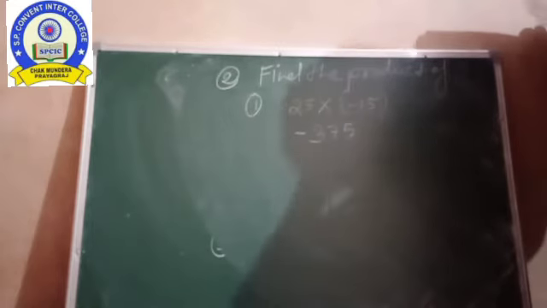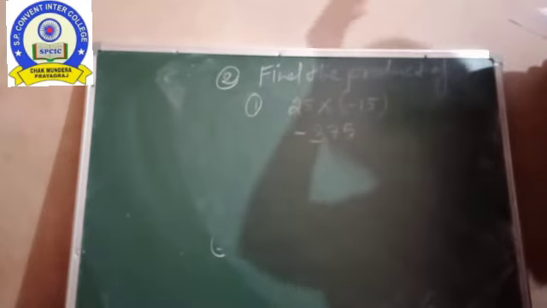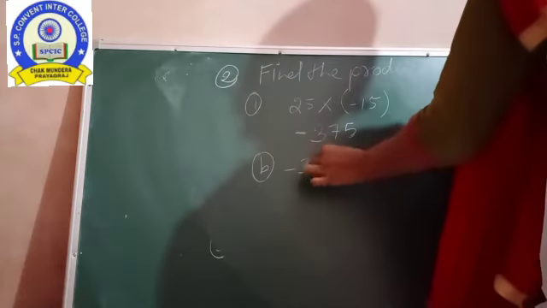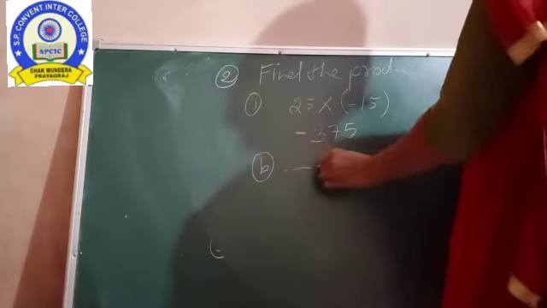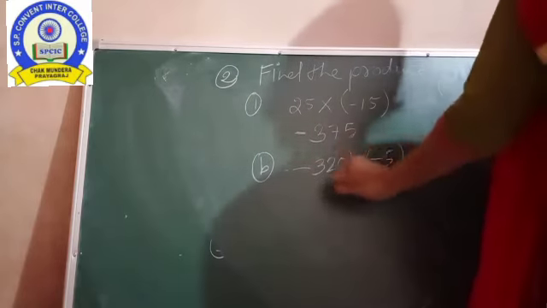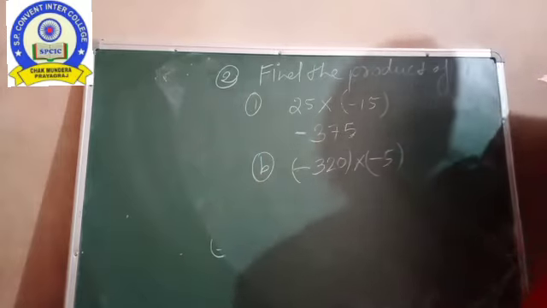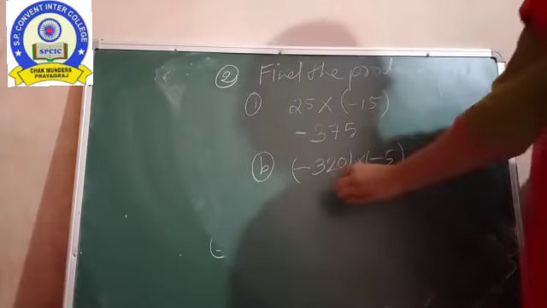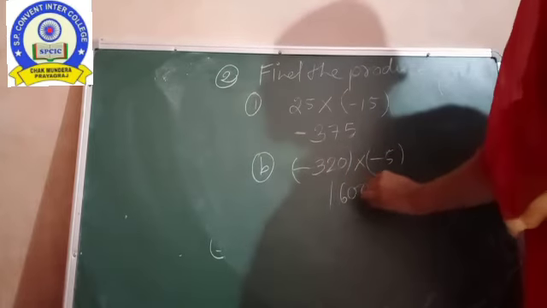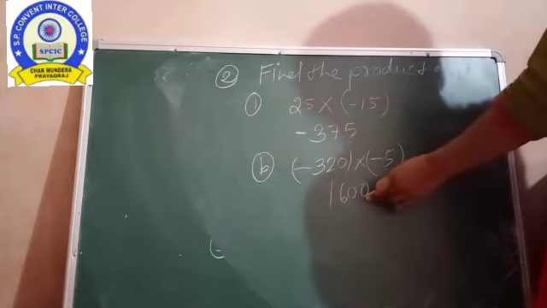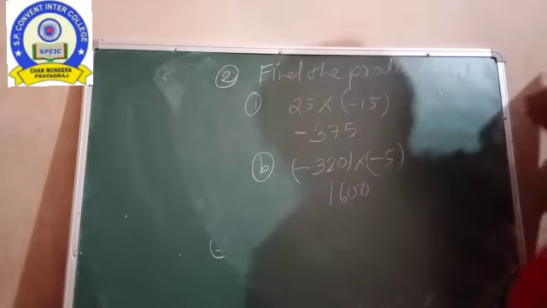Now the next part, 320 into minus 5, we get minus 1600, and this is negative. Wait, the result is positive because minus into minus is plus.